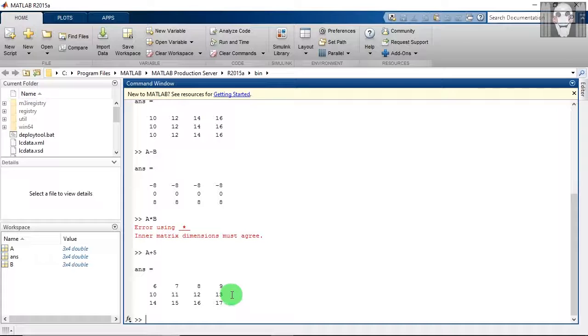To demonstrate matrix multiplication in MATLAB, I will enter one more matrix which has the row number same as the column number of matrix A, which means that I will enter a matrix which has 4 rows.